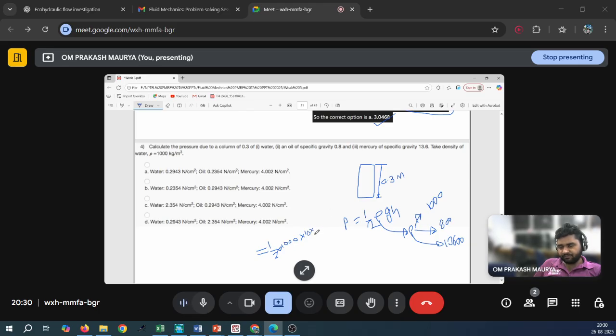H is given as 0.3. Once I remove the point here, it will be 10, and 10 and 10 we can cancel out, and here we can write very easily 5.